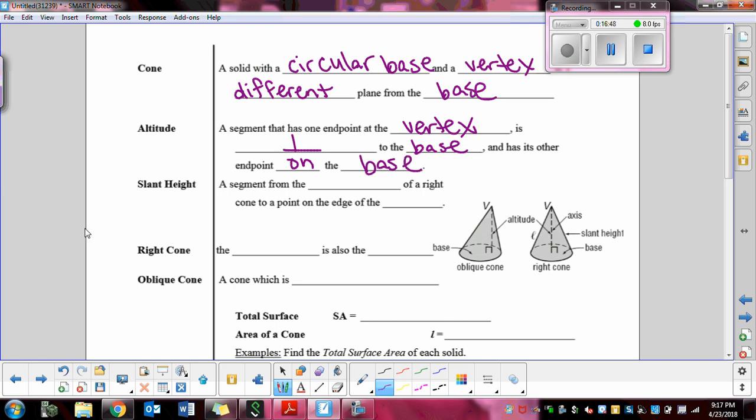Don't worry about it. Slant height, again, that's very important. A segment from the vertex of a right cone to a point on the edge of the base. Okay, a right cone. It says the axis is also the altitude.